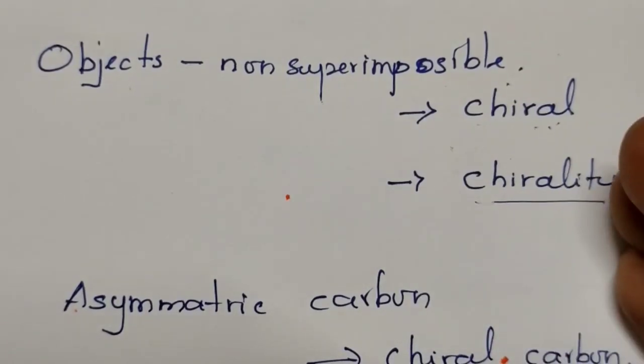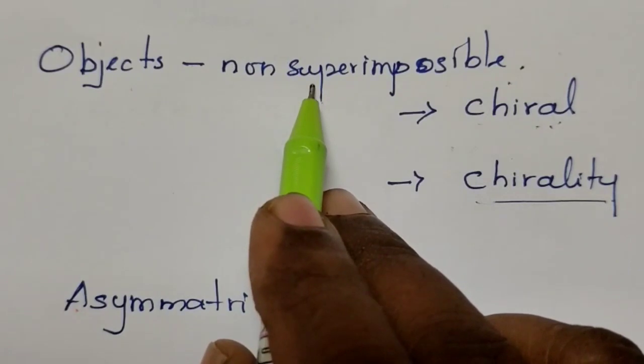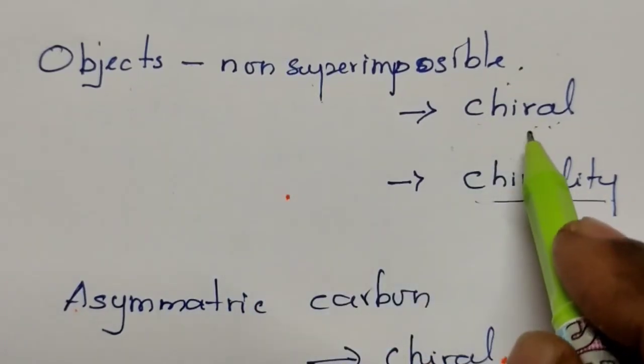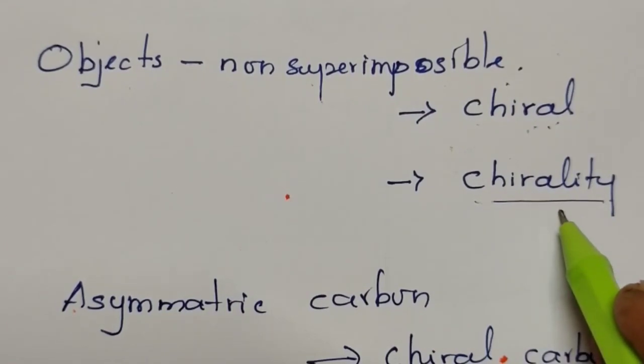What do you mean by chirality? The objects which are non-superimposable with their mirror images are called chiral, and this property is called chirality.